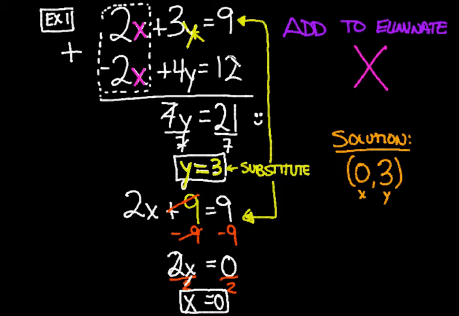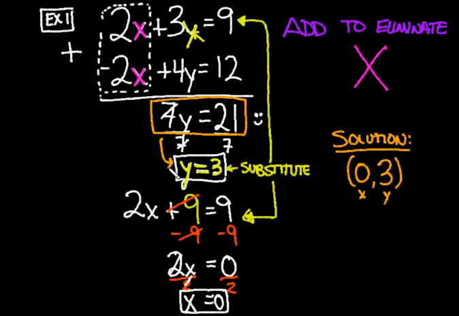Recapping, we use that property of adding the two equations together to eliminate a variable. In this case, we got rid of the x's because 2x's minus 2x's made no x's, went away. We were left with this nice, happy, simple equation that many of you could just do in your head. That's where we got y equals 3.